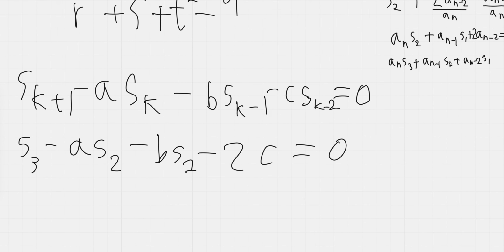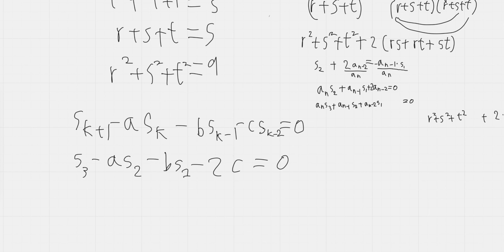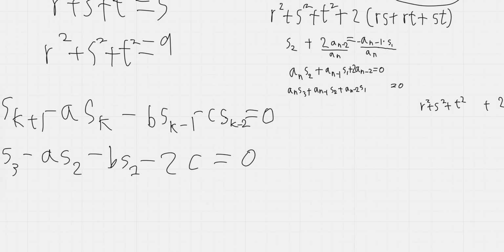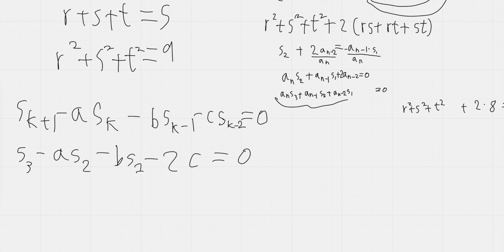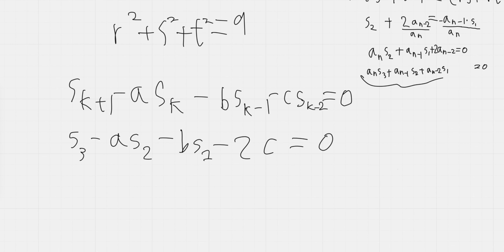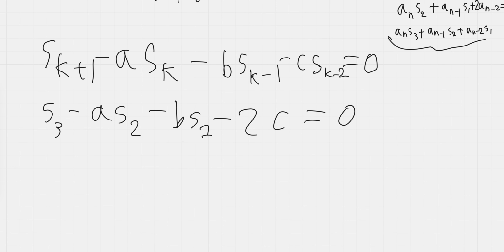Alright, so here, this is almost a Newton sum expression, right? Like the one we had here. We just need to change a couple of the terms. So first of all, clearly, every single one of these terms is being divided by a sub n.